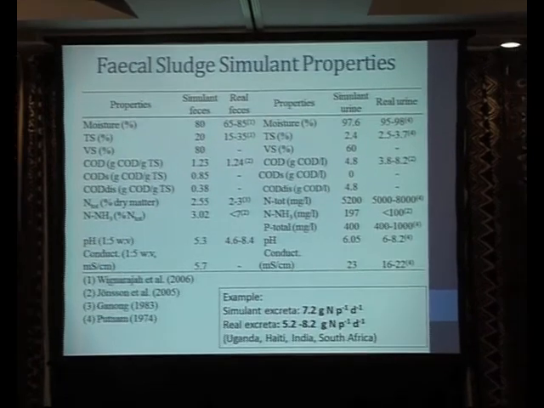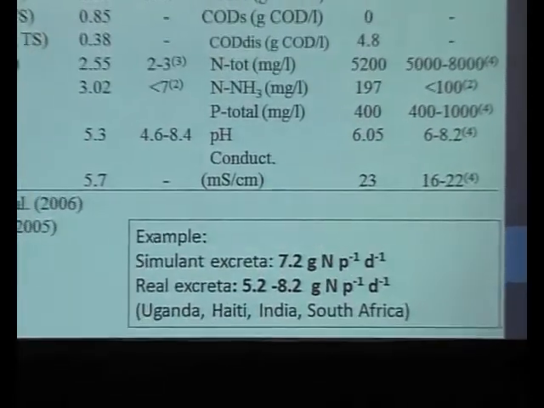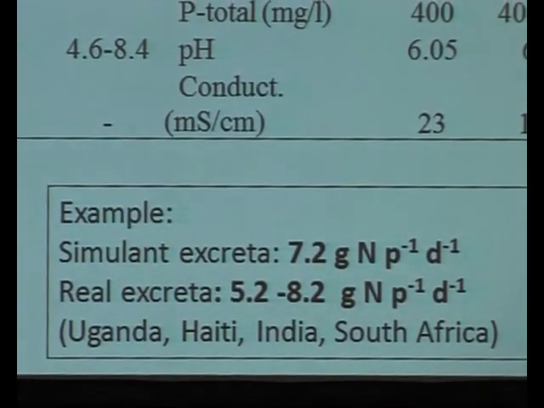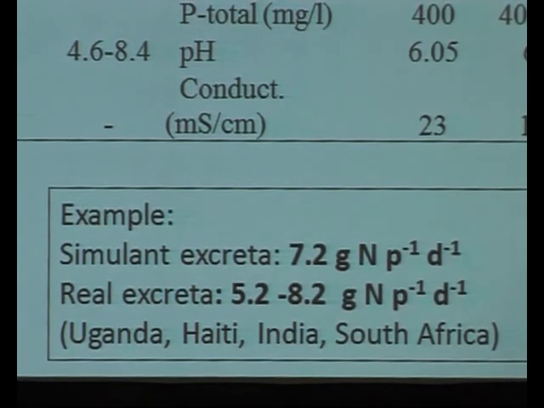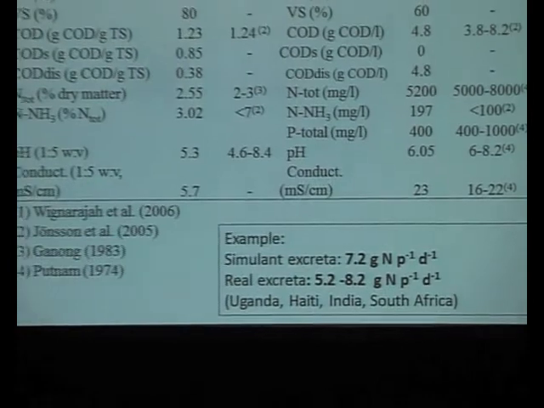It's a lot easier to work with simulants in the lab. And we're right on in terms of the COD, the BOD, the biodegradable, the suspended, and the nitrogen as well. Of course, there's a lot of variation in nitrogen content in urine. We have to settle on a value.